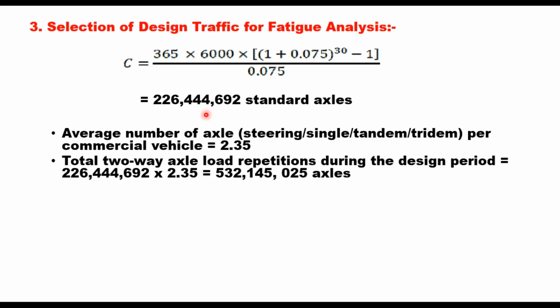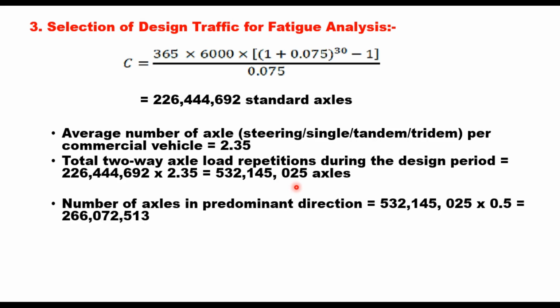It is given in the question that the average number of axles is 2.35 because of multi-axle trucks, and therefore the total two-way axle load repetitions during design period is this value multiplied by 2.35, that is 532,145,025 axles. Number of axles in the predominant direction is 50% of this value, that is 266 million.